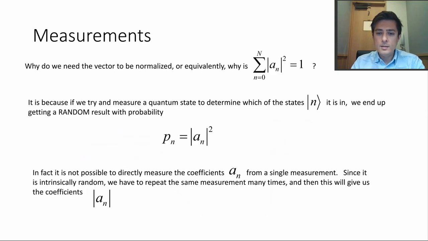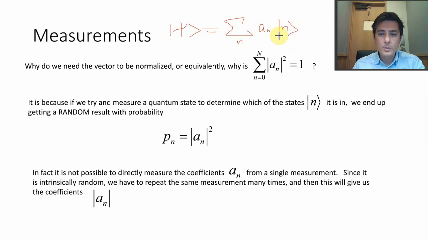So let's recap on where we left off last week. I was mentioning that vectors need to be normalized, and this is because if we actually try to measure these coefficients, and remember, we have some wave function, these a's were the coefficients of these states here.